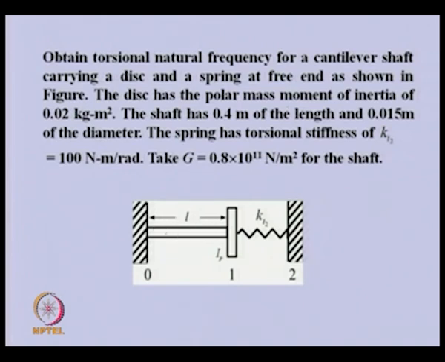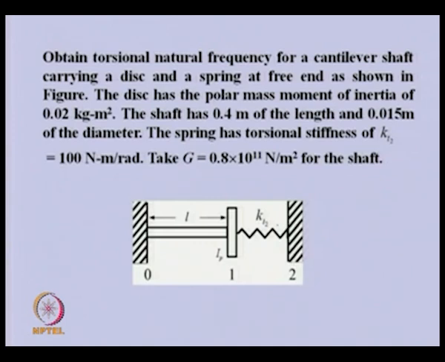For this particular case, when we want to analyze using the transfer matrix method, we need to assign stations. Let us say this is station 0, the disk location is station 1, and this fixed end of the spring is station 2.